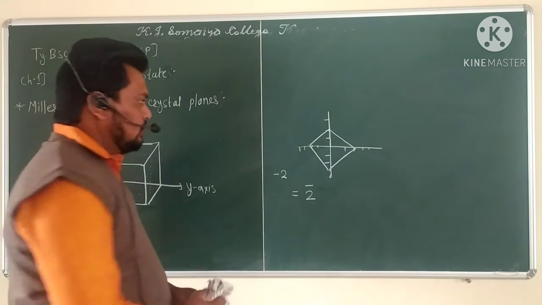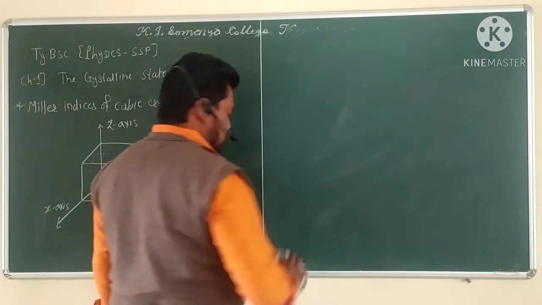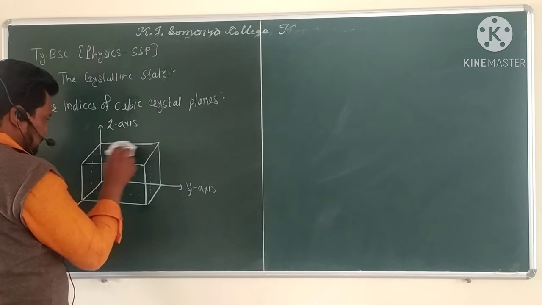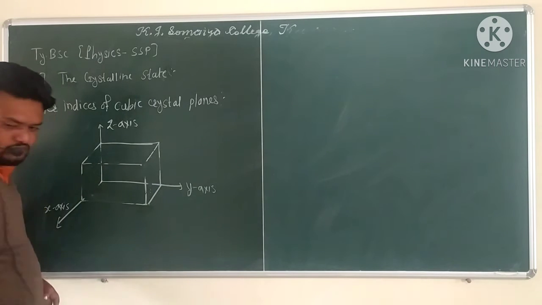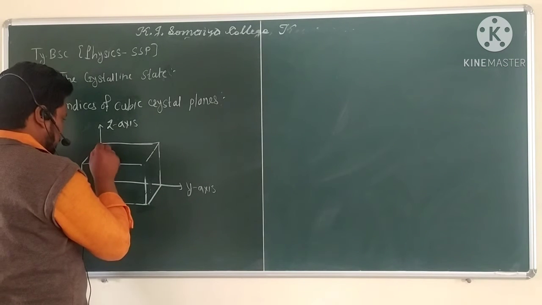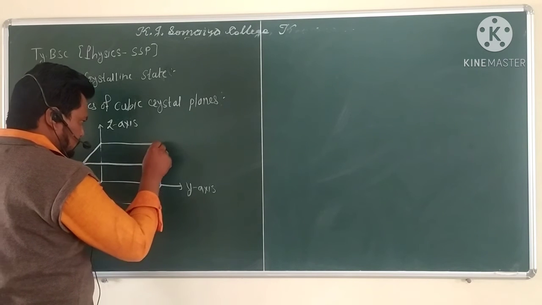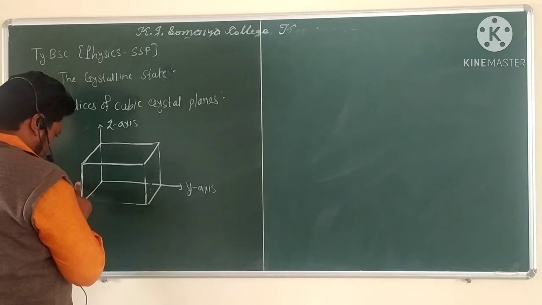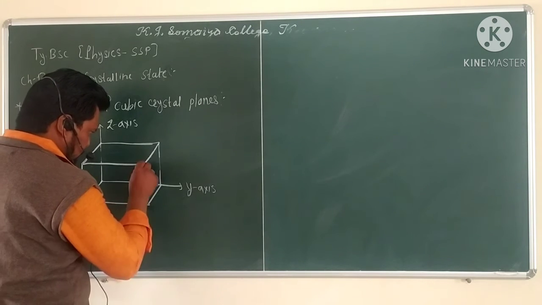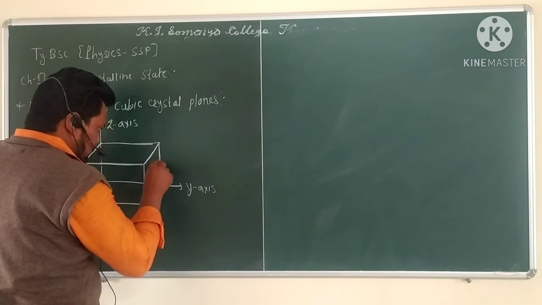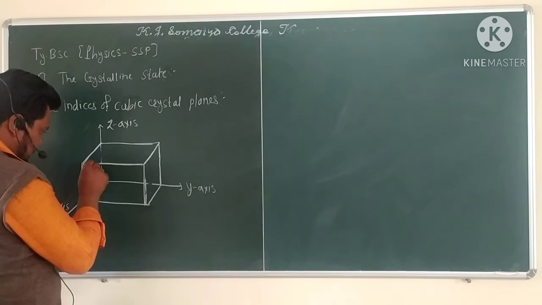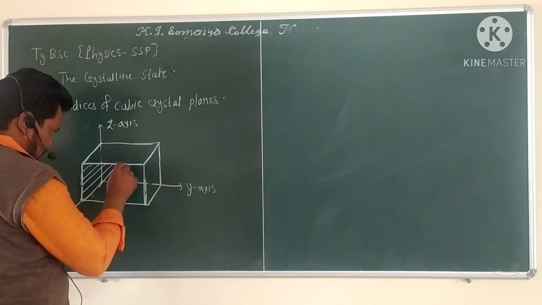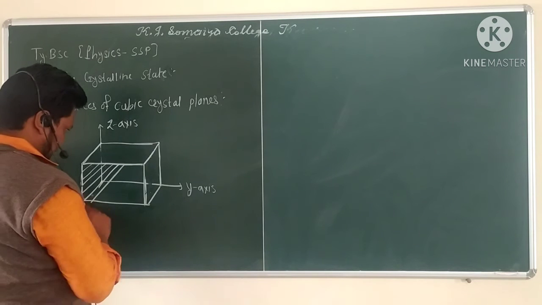So in the first figure, figure 1A, the shaded plane intersects only the x-axis.